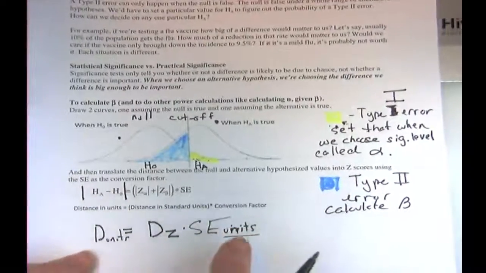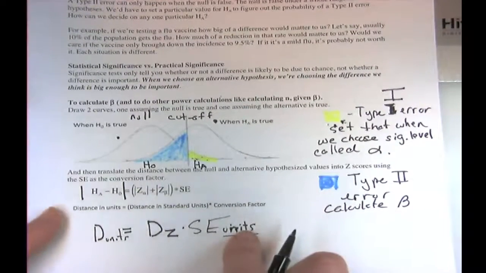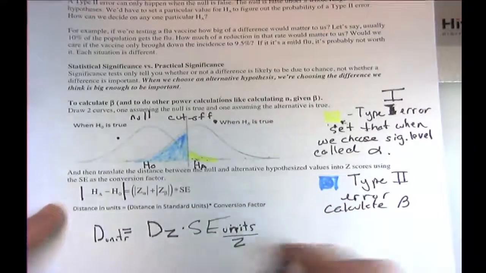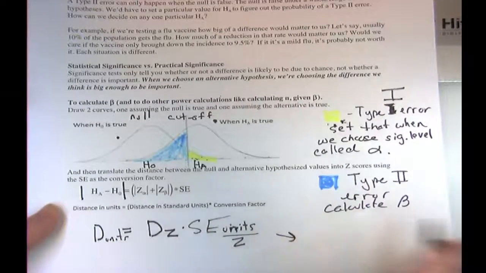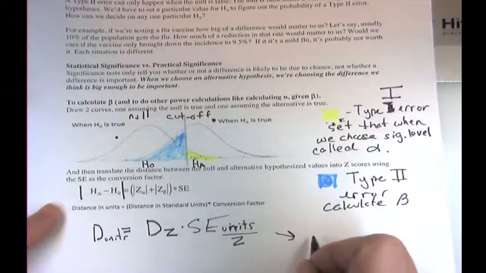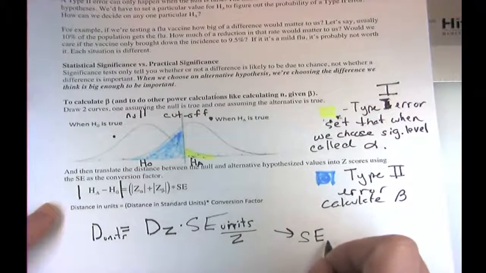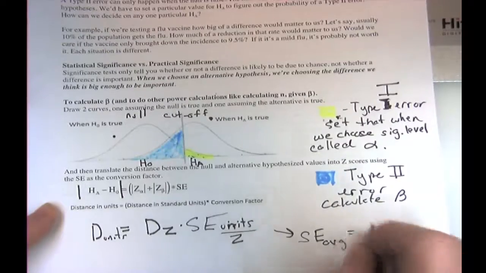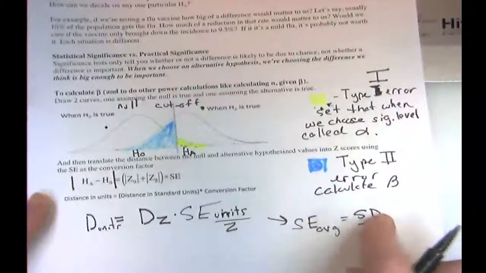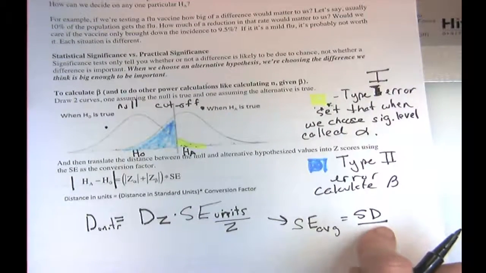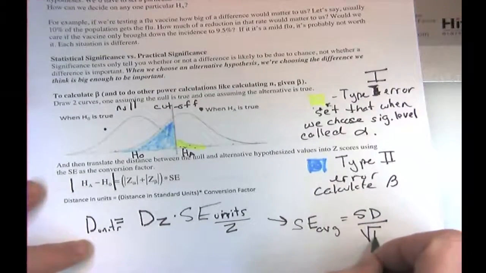And we'd have to figure out the standard error by one of our standard error formulas that we've gone over back in Stat 100. Just to refresh your memory, the standard error for an average is equal to the standard deviation of our box model, which we'll look at in the next example, divided by the square root of our sample size.